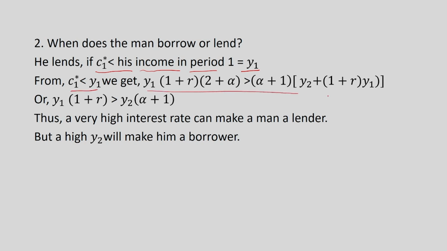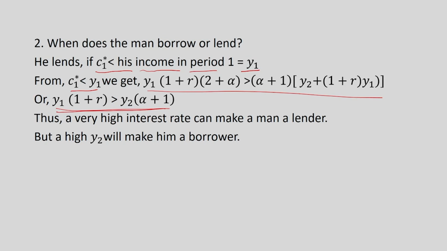So, I am just elaborating that here, and from this we are going to get this condition, or if we simplify this, it becomes an easier thing to handle. It is Y1 multiplied by (1 plus R) is strictly greater than Y2 multiplied by (alpha plus 1). So, under this condition, a very simple condition, he will lend.